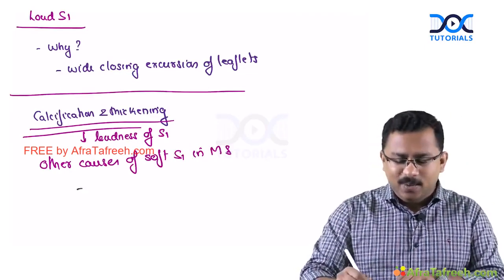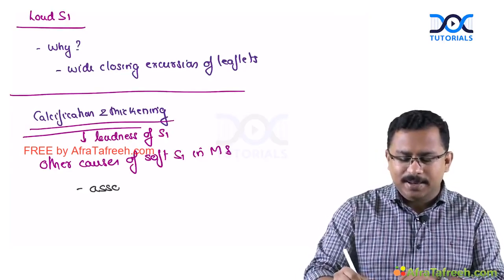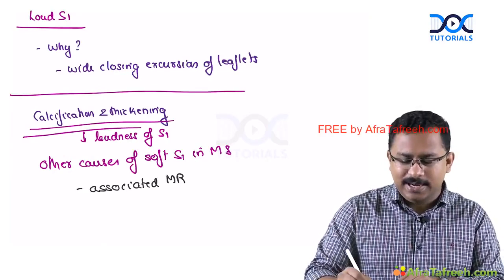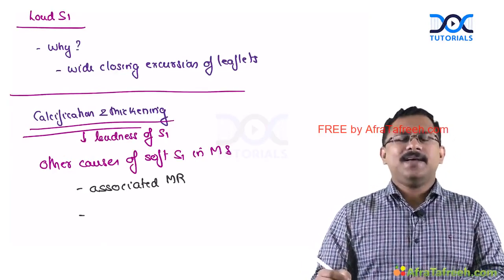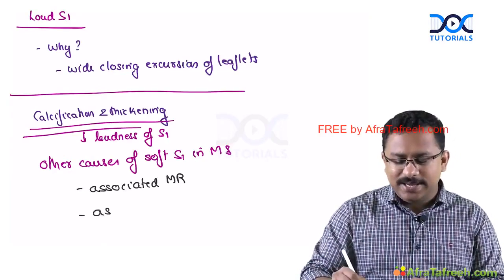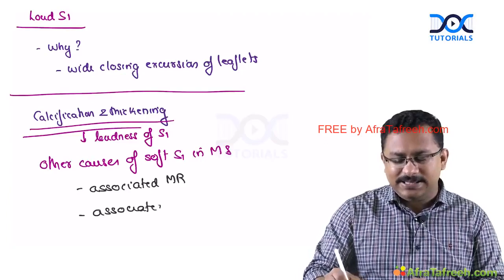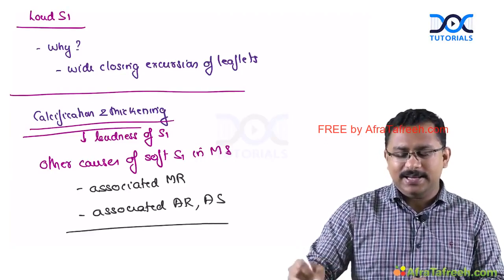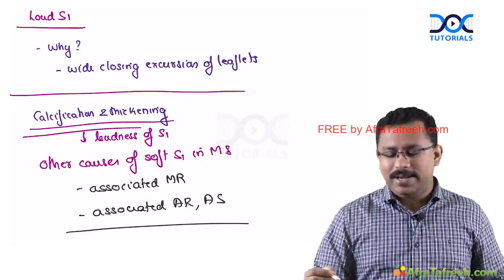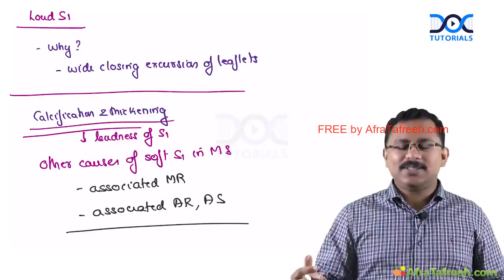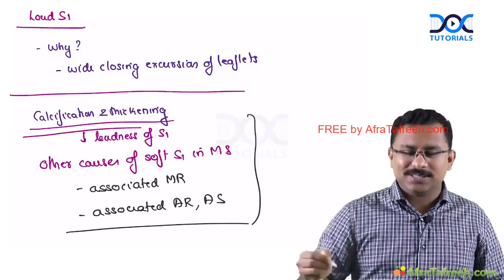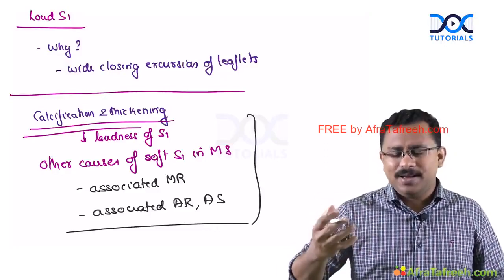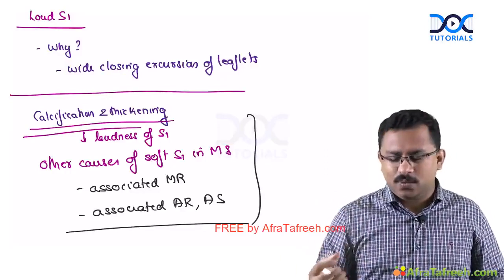Number one, an associated mitral regurgitation, associated MR. And if there is an associated aortic valve disease, which may be AR or even aortic stenosis, either aortic regurgitation or aortic stenosis, this can also result in a soft S1, because you can have a multivalvular heart disease coexisting.